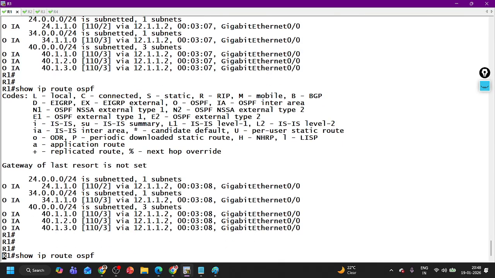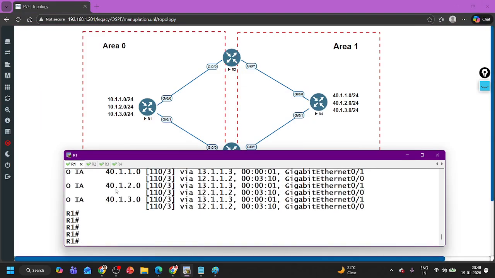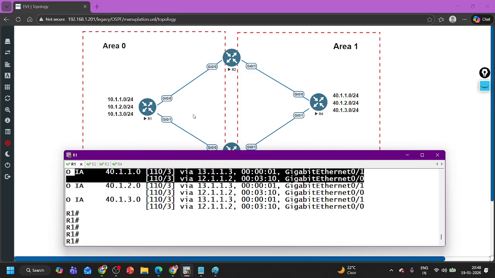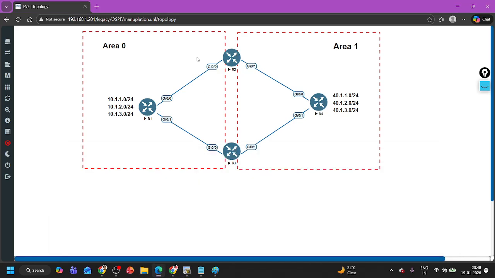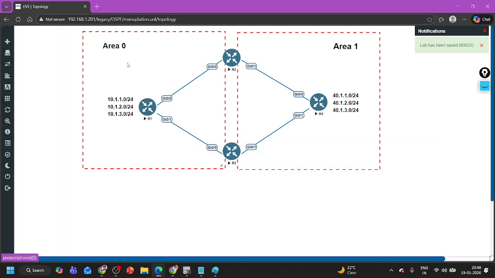Just a minute. There are 2 paths. If you trace, you will discover both paths. Here again, what I want is that my ABR1 should forward all the traffic.